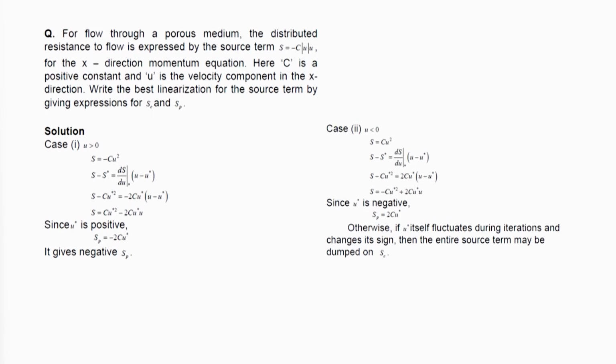In the first case where u is greater than 0, we see that Sp is negative, because u star is greater than 0, C is positive and you have minus. So, it makes Sp negative.